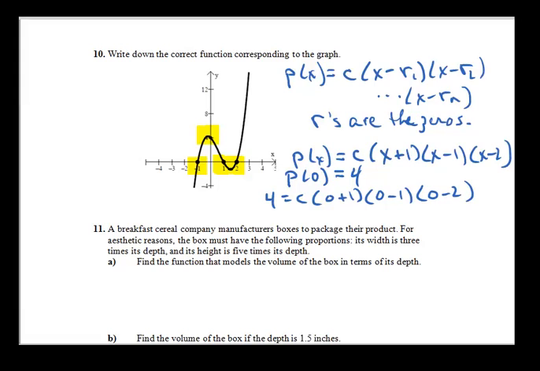So what is this? c times 1 times negative 1 times negative 2. So it's really just 4 equals 2c. So c is going to really equal 2. So there's my function.